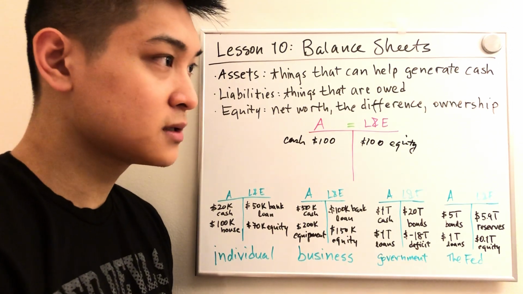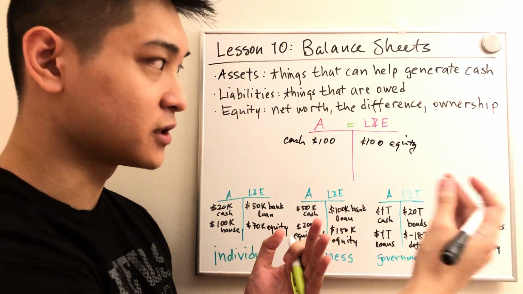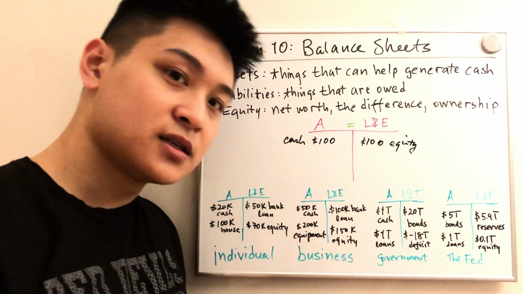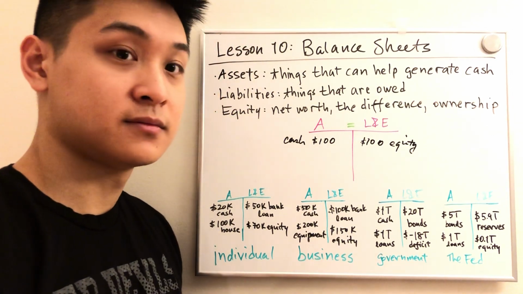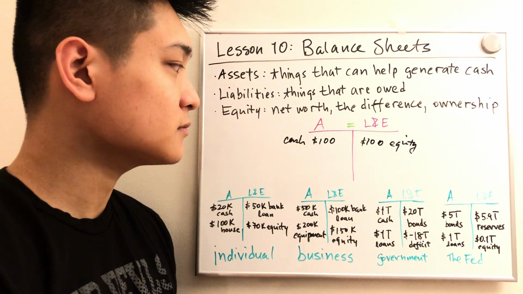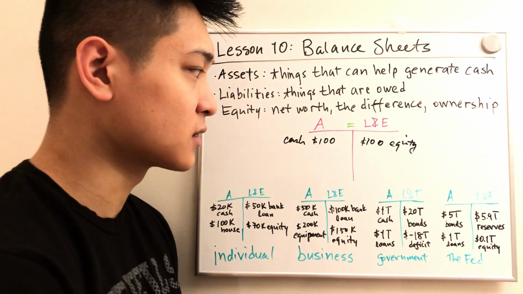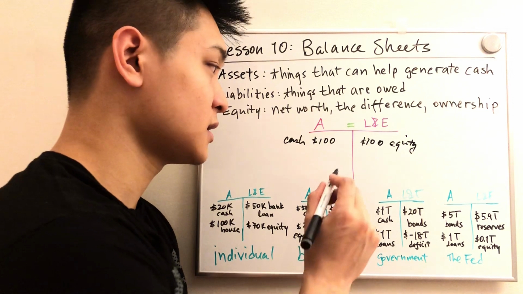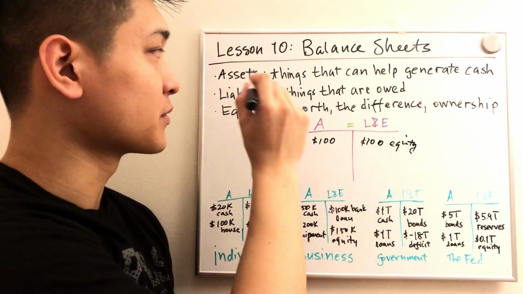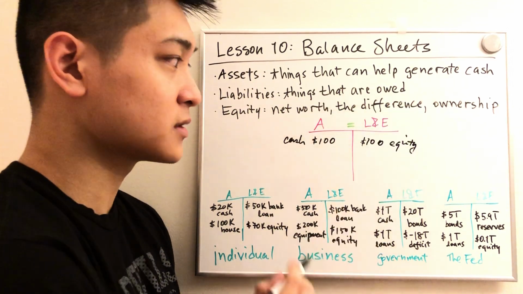Now, suppose through the passage of time, before I take another snapshot to look at what my balance sheet looks like, I have gone to the bank to get a loan. I need a student loan to pay for college, perhaps. And so the bank is going to give me a loan, let's say for $500. Well, that is a liability, right? I go through and I understand, okay, I owe the bank $500.